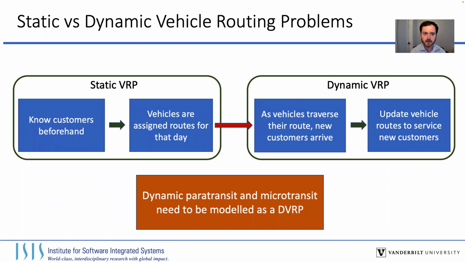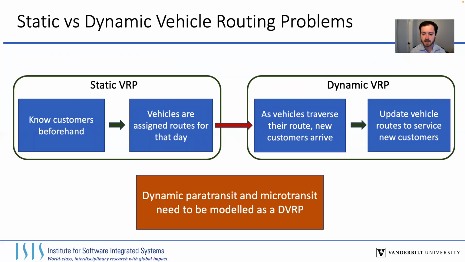This can be modeled in two different ways. In a static VRP, we know customers beforehand, and the vehicles are assigned routes for that day. The dynamic VRP is an extension of the static VRP, in which as vehicles traverse their routes, new customers arrive throughout the day. And our goal is to update vehicle routes to service these new customers.